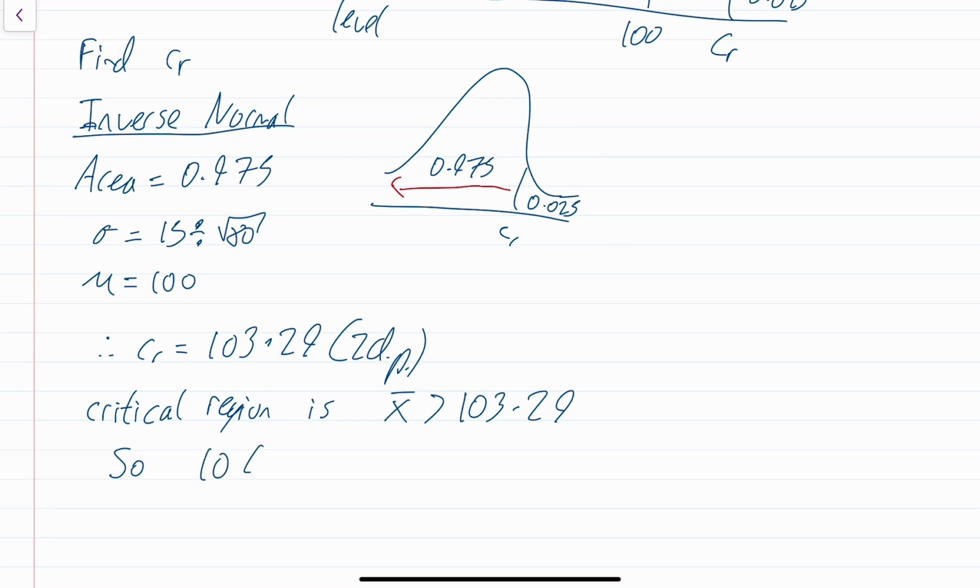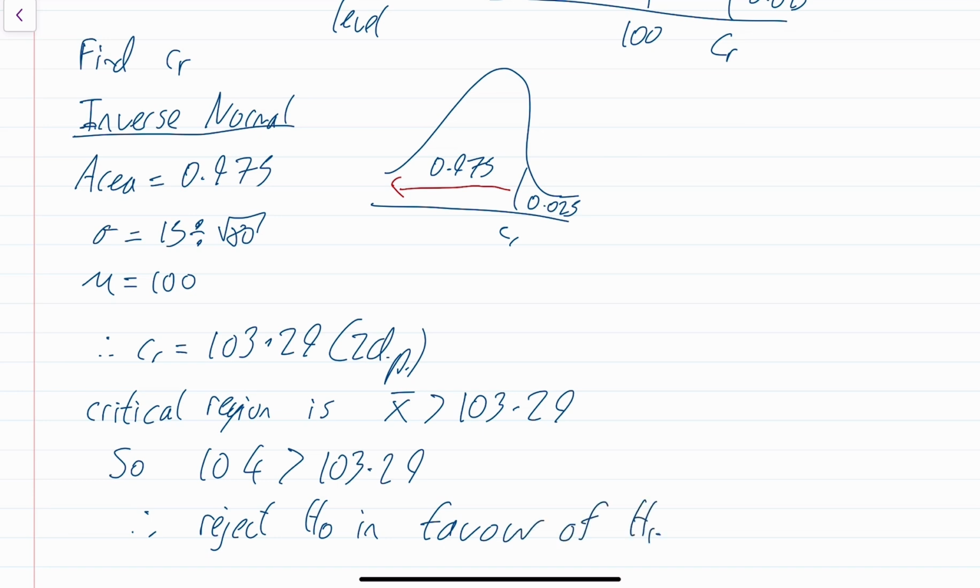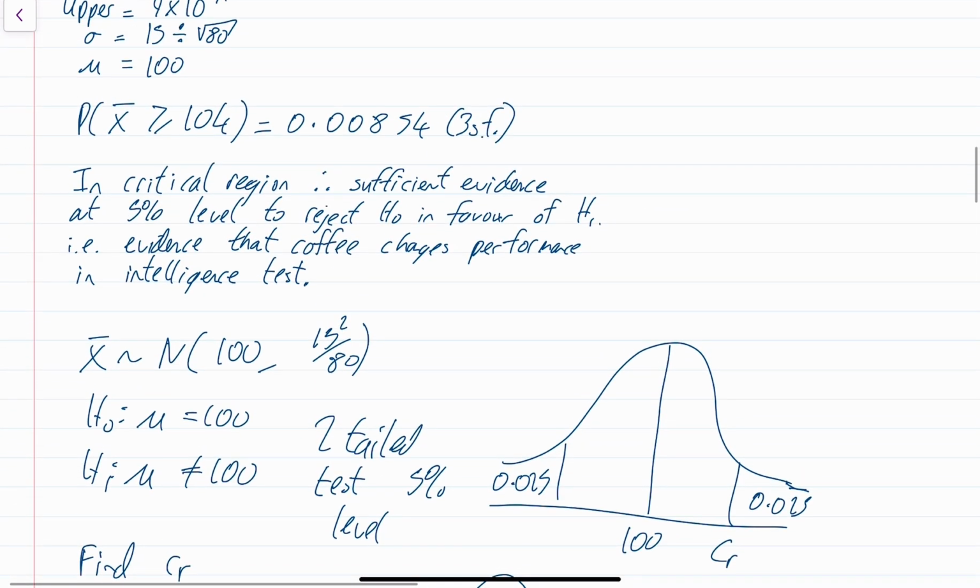So 104, that was our test value, is greater than 103.29, therefore reject H0 in favour of H1, and you would put in that wee spiel again about the intelligence having changed with drinking coffee. Okay, that's the two ways of doing the normal.